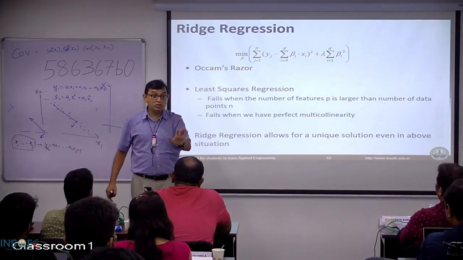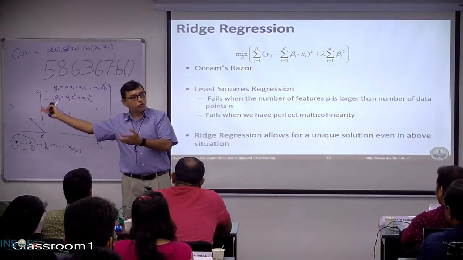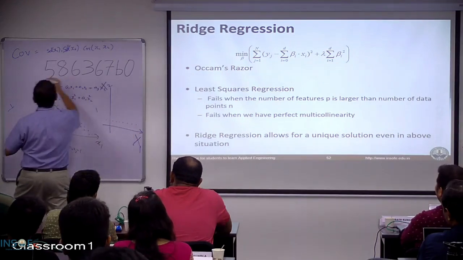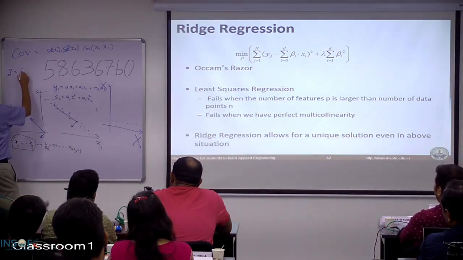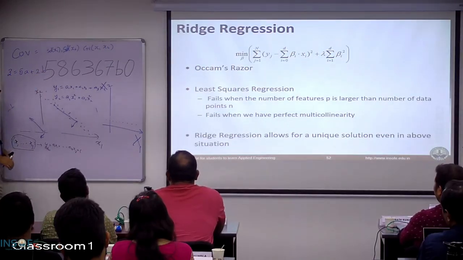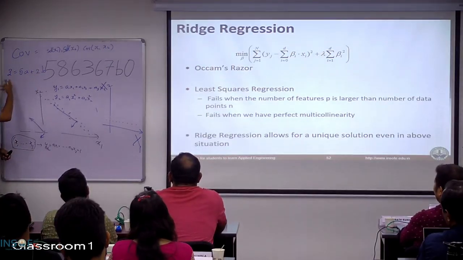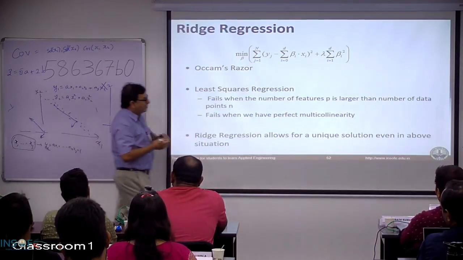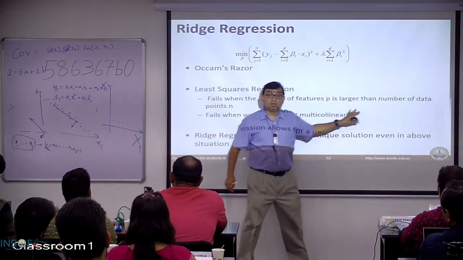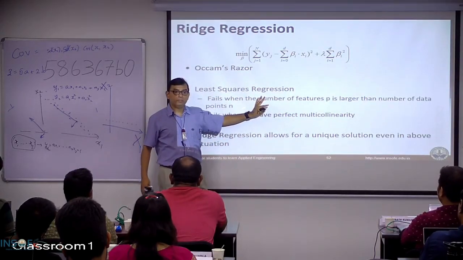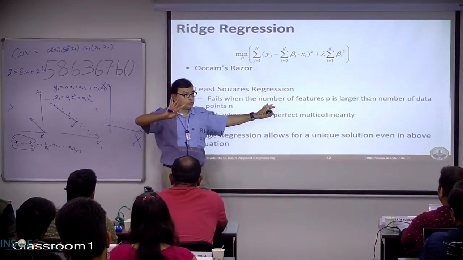I'll be able to give infinite different solutions for the same particular problem, right? Like if I have an equation 3 equals 5a plus 2b, I can give you infinite prescriptions for a and b which will satisfy this equation. So when the number of features is larger than the number of data points, linear regression will fail because there are infinite possible slopes. It can't figure out the answer.